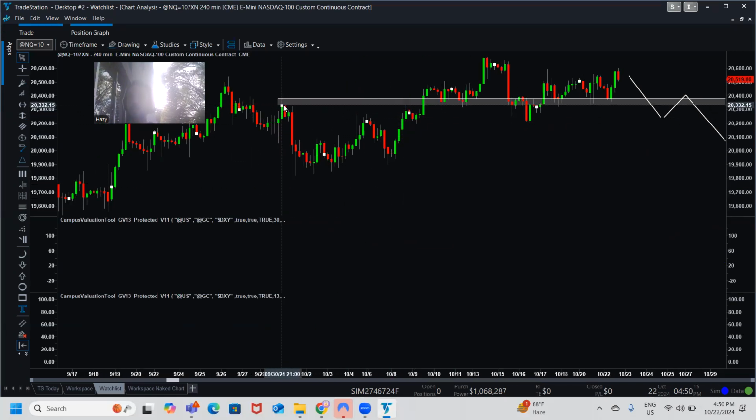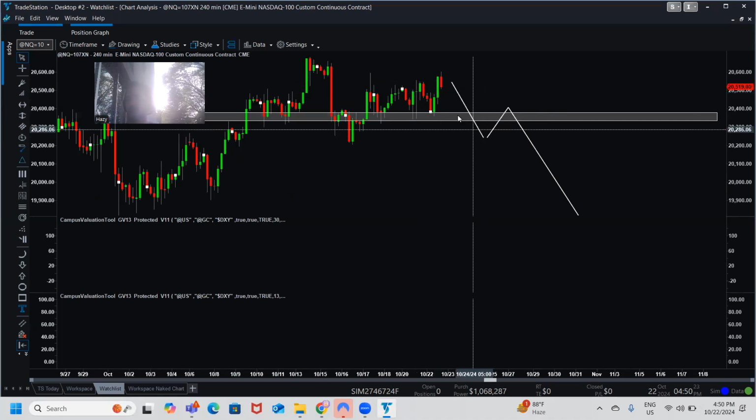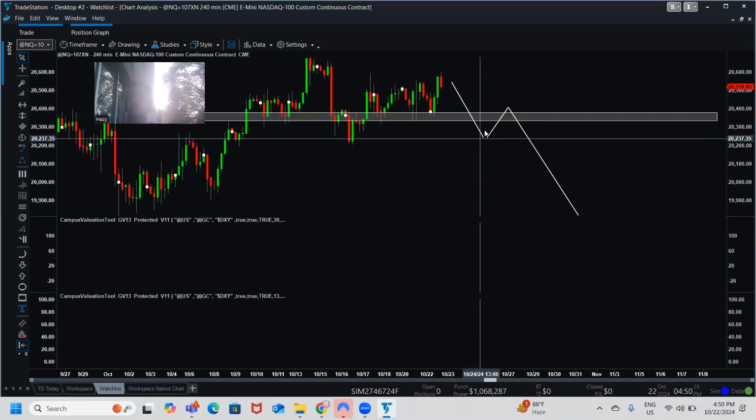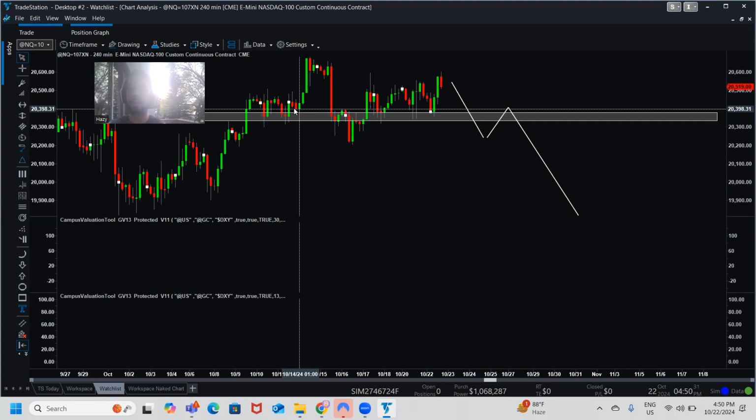Look, it was resistance, resistance, support, support, resistance, support, support, support. If we break under this zone, it gives us a pullback, and then we have a bearish engulfing, then I'm probably going to be entering this trade either on the 2 hour, 4 hour, 8 hour, 12 hour, or 16 hour time frame, whichever looks best.